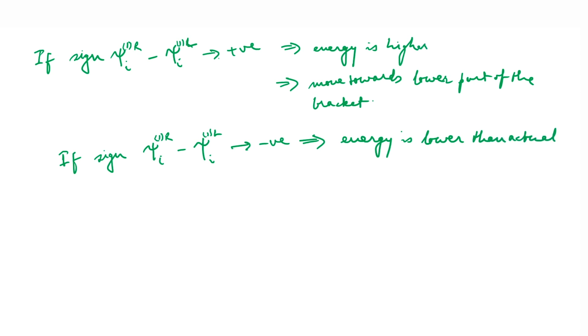So, this is higher than actual, and then what we do is we move towards the higher part of the bracket, and then we repeatedly go on doing this till we reach convergence.